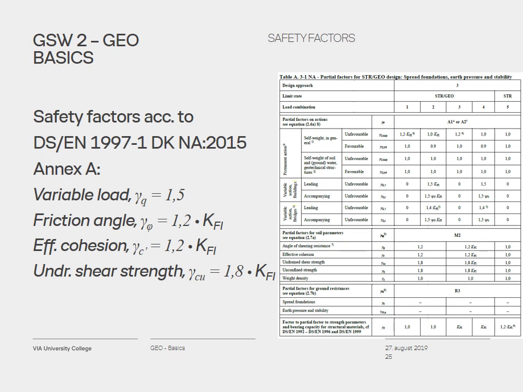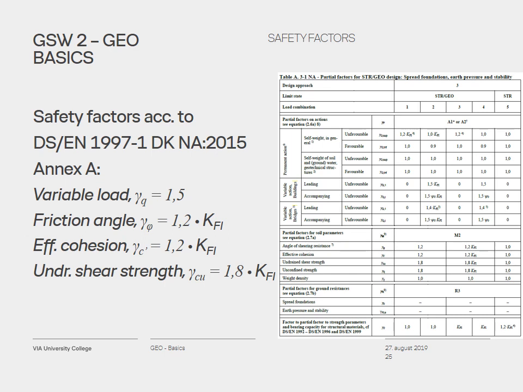Safety factors in Denmark: very typical for loads, we use gamma Q 1.5. For the friction angle, we use gamma phi. This is 1.2 multiplied by KFI.